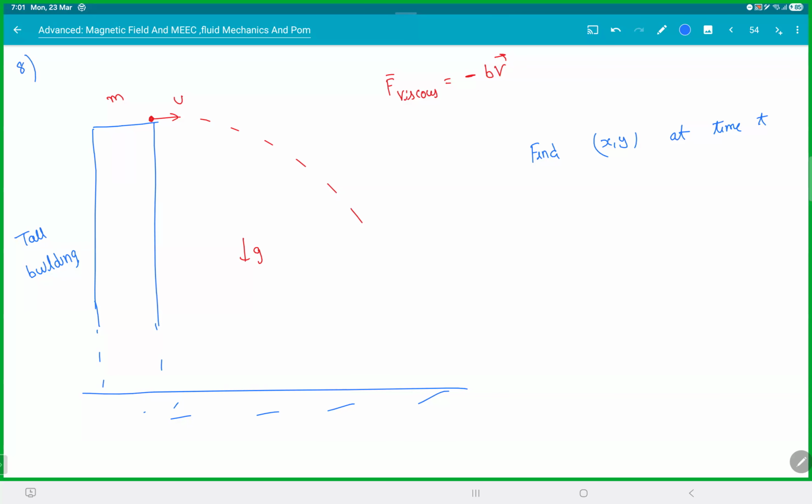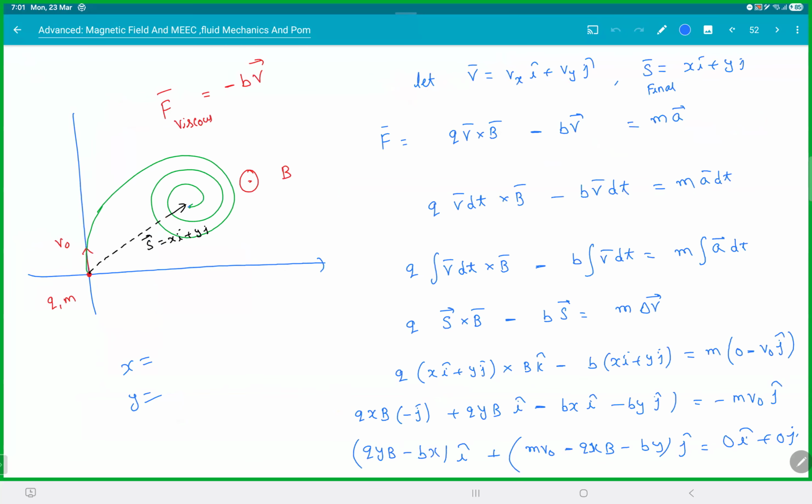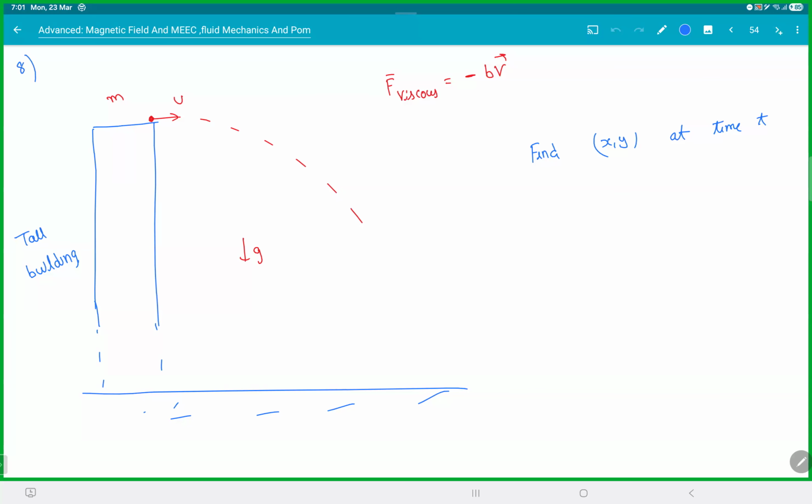So there is a magnetic force, viscous force. This is a magnetic force and gravity, viscous force and gravity. This is a projectile motion, particle thrown from a building horizontally. Like I said, start with this. Let the velocity be vx i cap, vy j cap. Start from there. There is brute force integration after that.